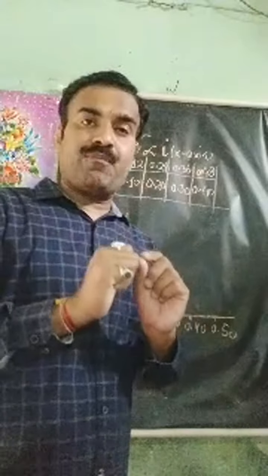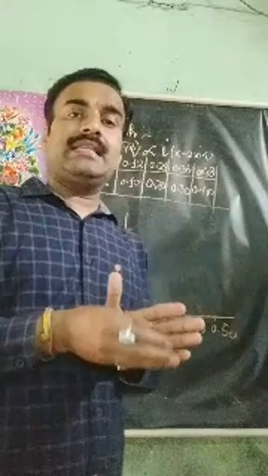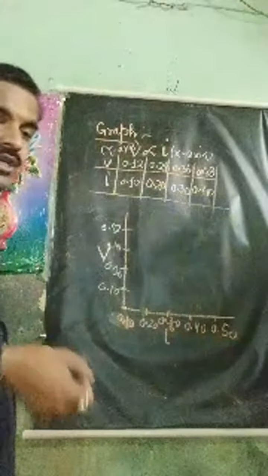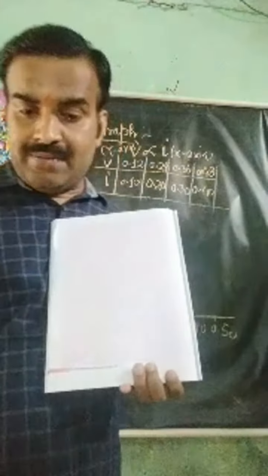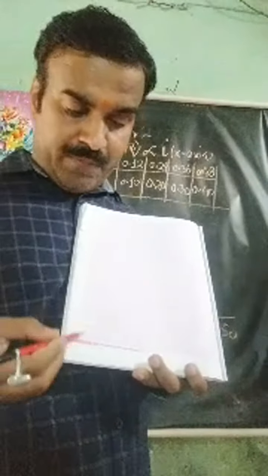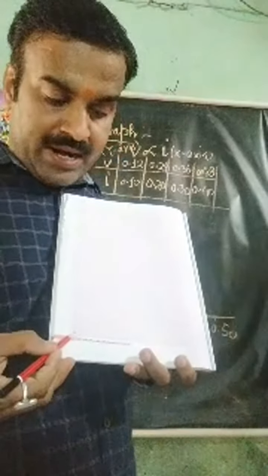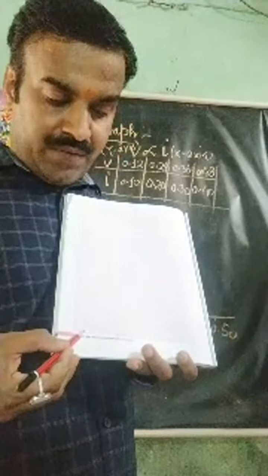In the graph paper, basically the graph paper you are getting, there will be 10 divisions. You can see it also here. See, there are 10 divisions on the graph paper. 1, 2, 3, 4, 5, 6.